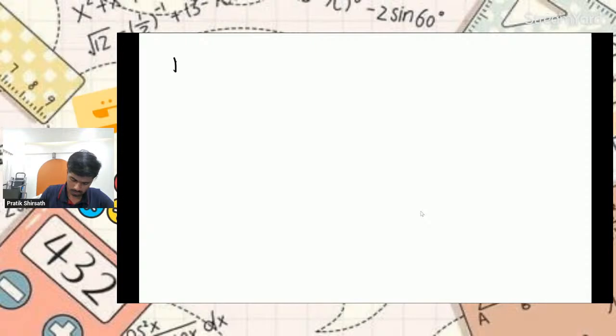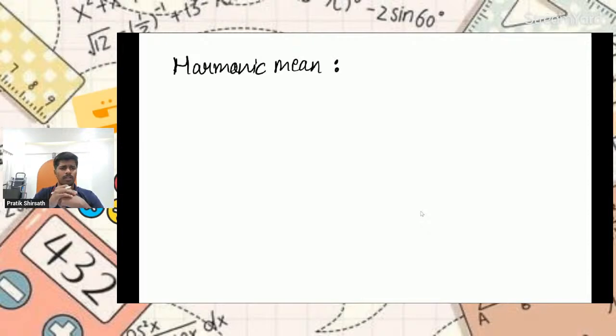How does the harmonic mean state? It is the total number of components divided by the sum of the reciprocals of each component. For example, I take five numbers: 1, 2, 3, 4, and 5.